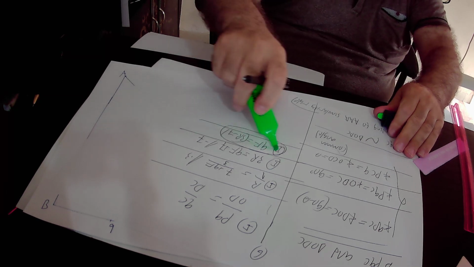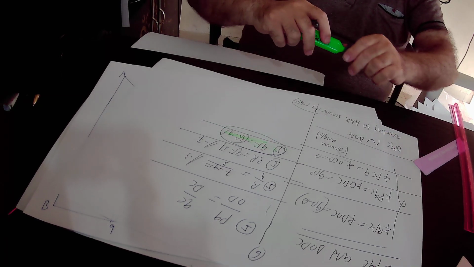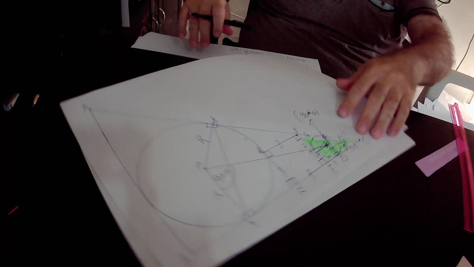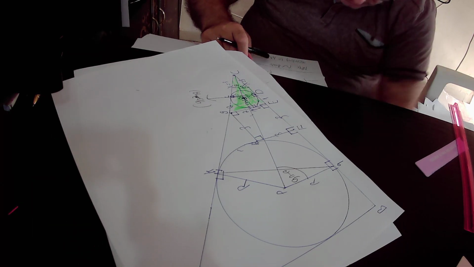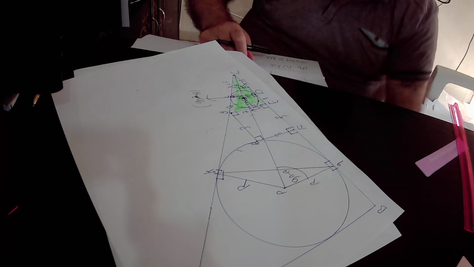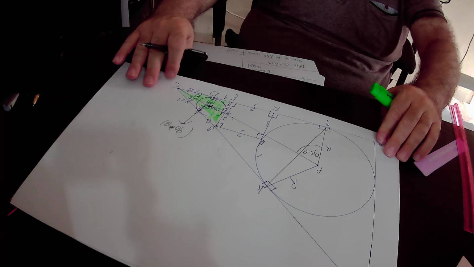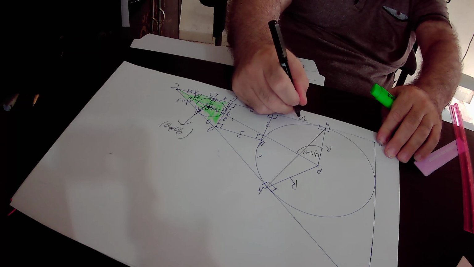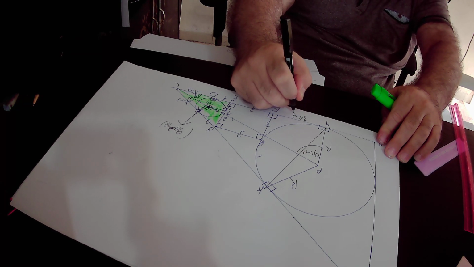So I write in the drawing that QF equals 3R minus 7.